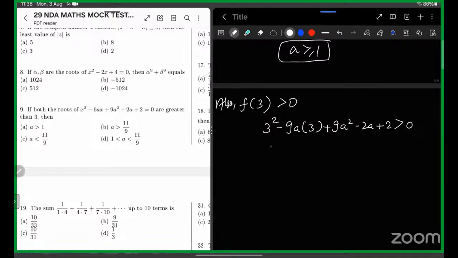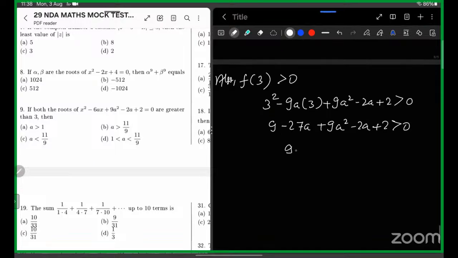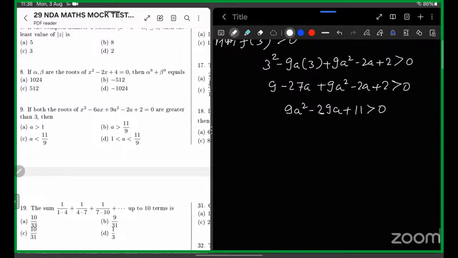So I'm going to get here what? 9, 27a, 9a square minus 2a plus 2 greater than 0. 9a square minus 29a plus 11 greater than 0. This is a quadratic equation.